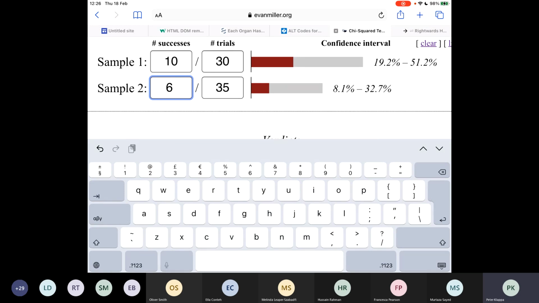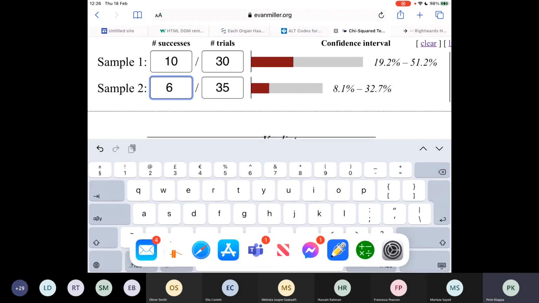We would set up a null hypothesis when we want to compare these two samples.